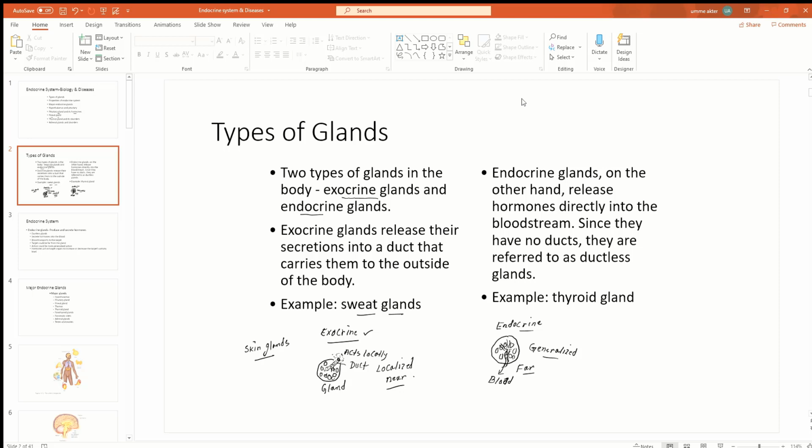Mammary gland, female breast, the secretion of milk is also exocrine. Endocrine glands are located throughout the body. So since we are going to talk about the endocrine glands, we'll see the important endocrine glands and their locations as well as their functions. Okay.